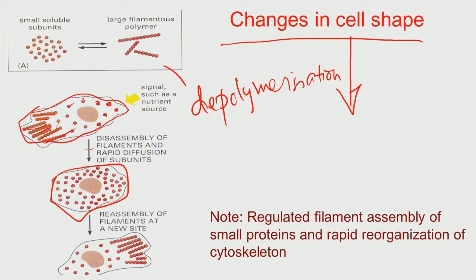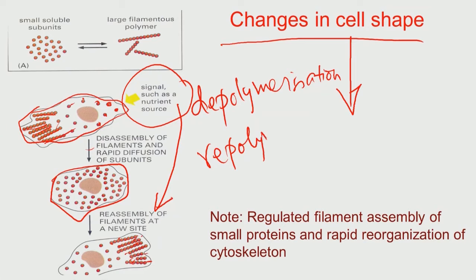But under certain signal or nutrient source, if that continues, then under favorable circumstances these monomers can get assembled together again by a process called repolymerization. This enables the formation of actin filaments again, but not at the same site where they originally broke down, but at a different site, and that way the cytoskeleton can be stretched in that particular direction.